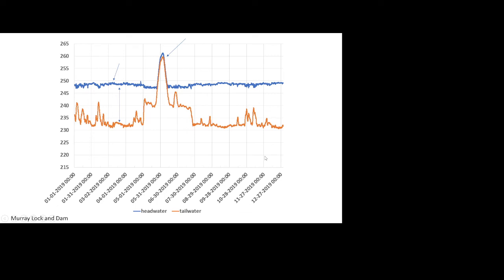The other thing it tells us is that the impact that Murray Dam has on the reach upstream of the dam is going to be minimal, because we don't have much difference between the headwater and tailwater. And again, that tells us that Murray is not creating much of an impact during the high flows.